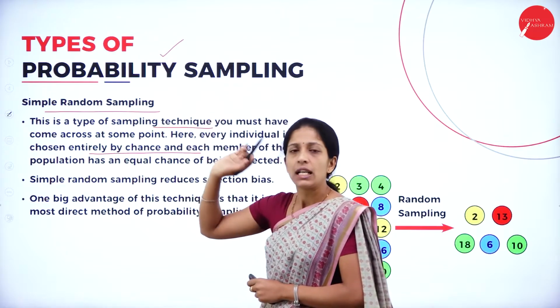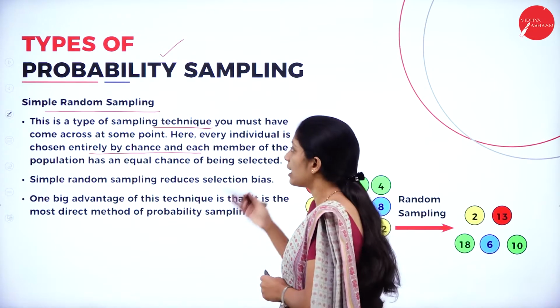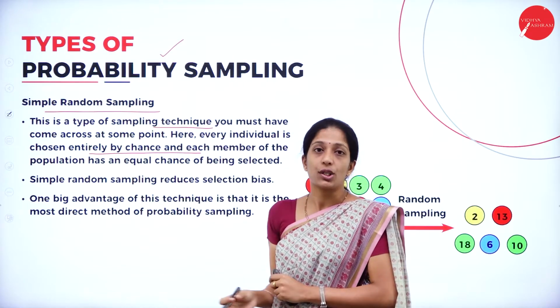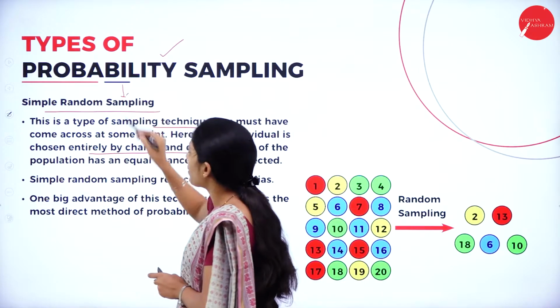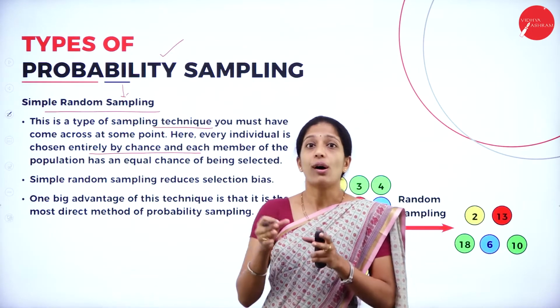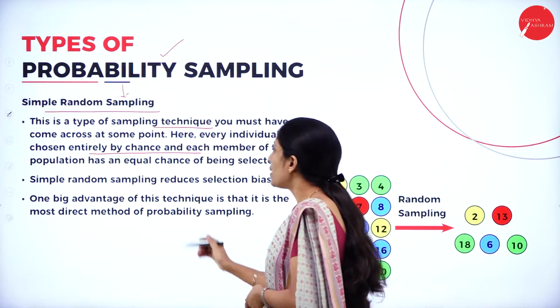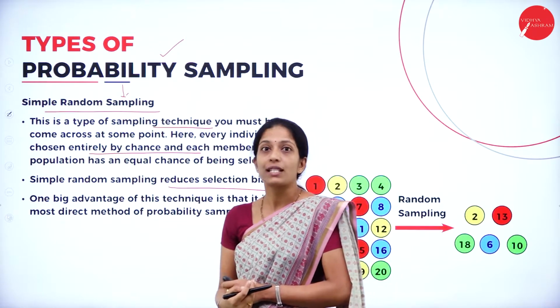Of course, we know about probability sampling. So, what does it mean? Each and every individual has an equal chance to be selected. Correct? So under simple random sampling also, each and every individual, and simple random sampling is one of the types of probability sampling, so here also all the individuals have an equal chance to be selected. Simple random sampling reduces selection bias. Now, what do you mean by selection bias?